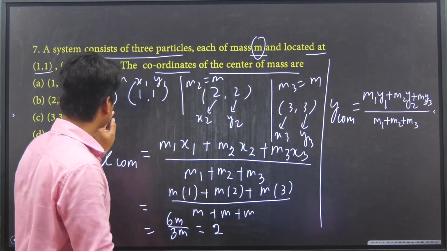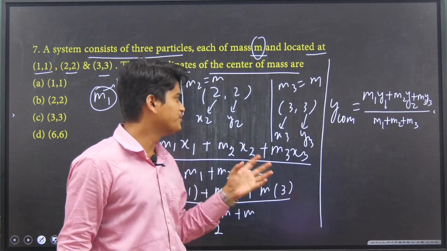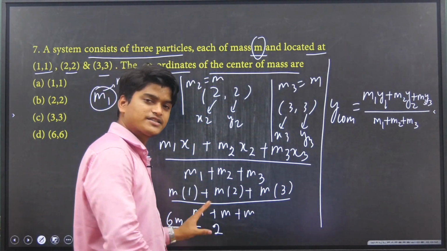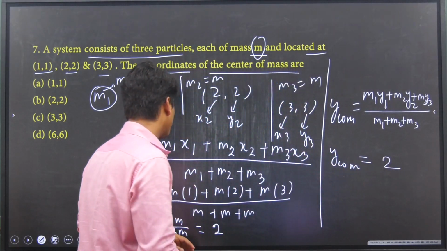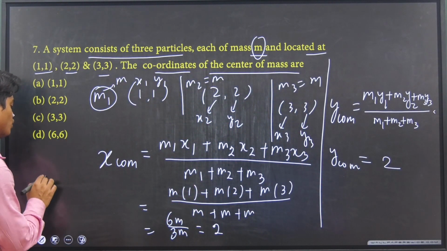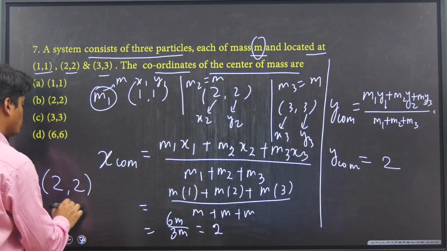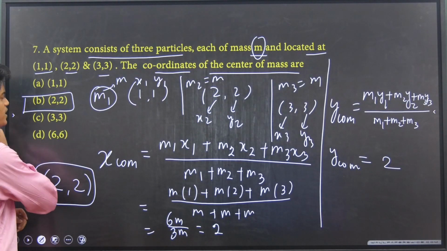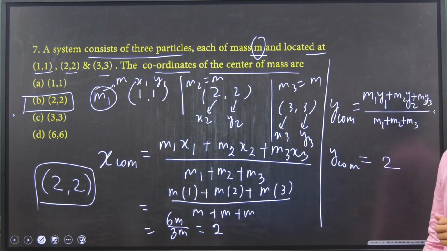Here also the y1, y2, y3 coordinates are the same and the m1, m2, m3 values are the same, so if I substitute, I will get the same answer. YCM again comes to 2. So XCM is 2, YCM is 2. When you write coordinates, first write the x coordinate, then the y coordinate. So 2 comma 2. Your answer will be B, (2,2). I hope everybody understands clearly.